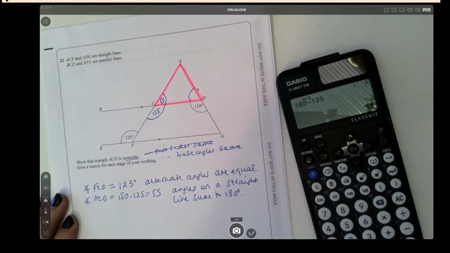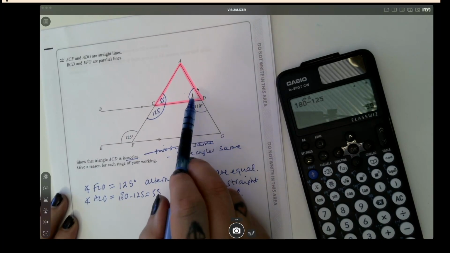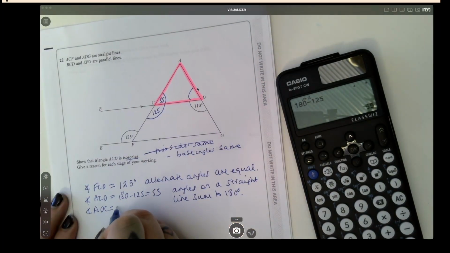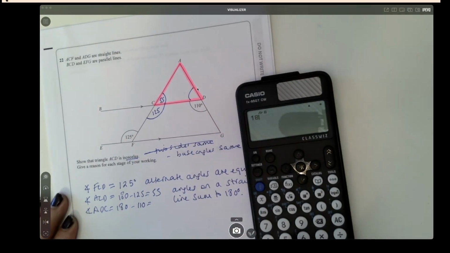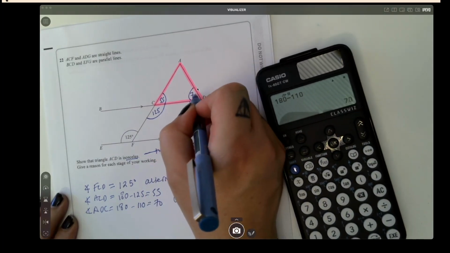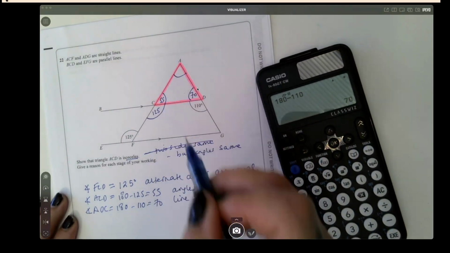Now you can do this angle here for exactly the same reason. So angle ADC is 180 subtract 110, which is 70. So this is 70. So we're going to find out this missing angle.